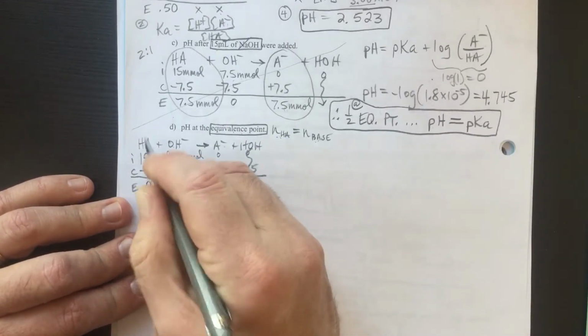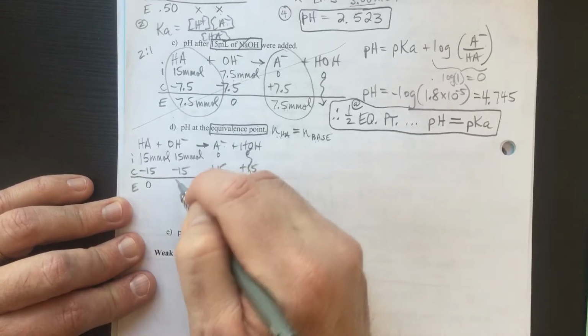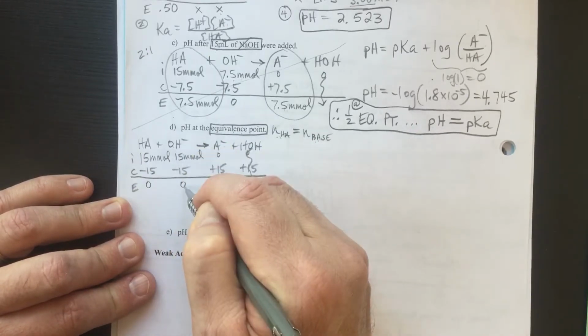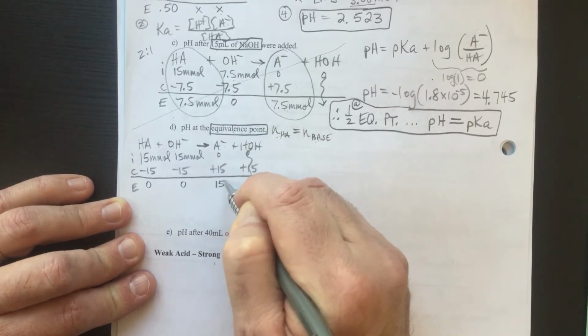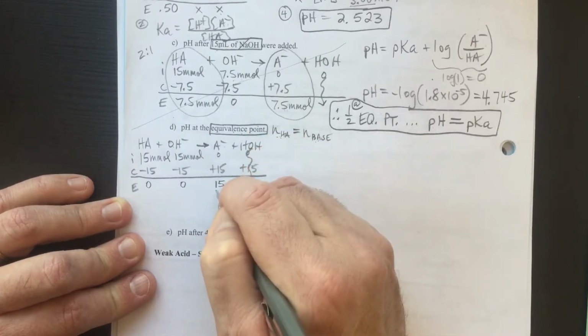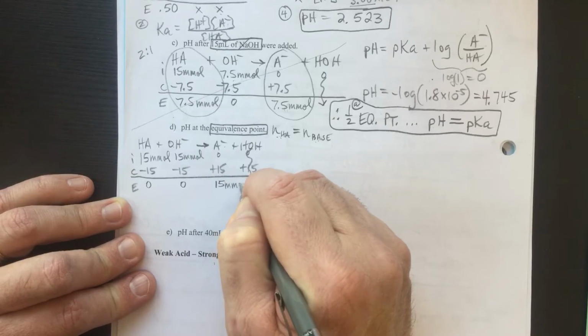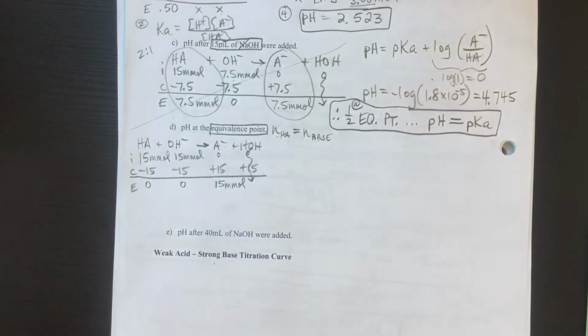So notice no weak acid left over. No strong base left over. Notice we've got anion. We've got conjugate base. That's 15 millimoles. Now, you are not going to like this at all, and quite frankly, I don't enjoy these particular problems either.